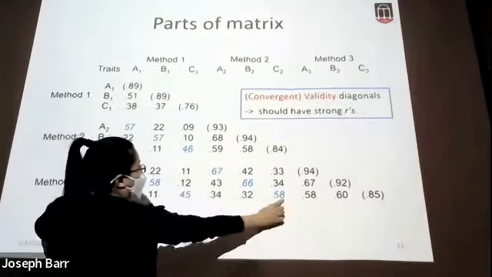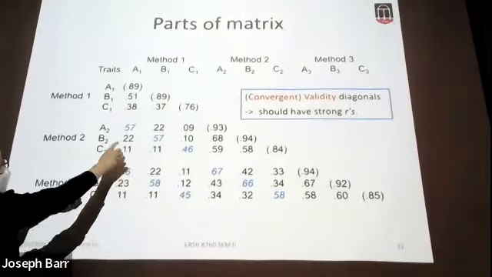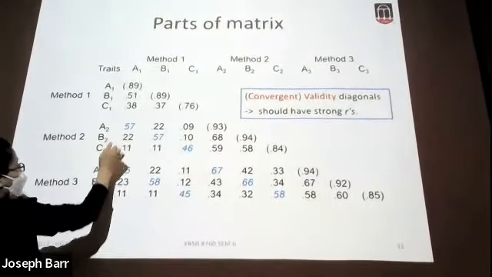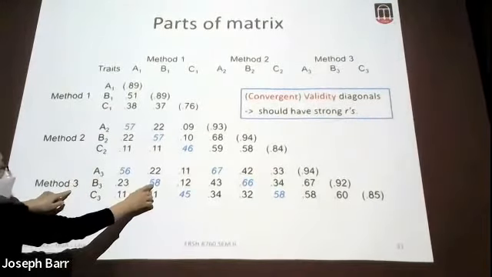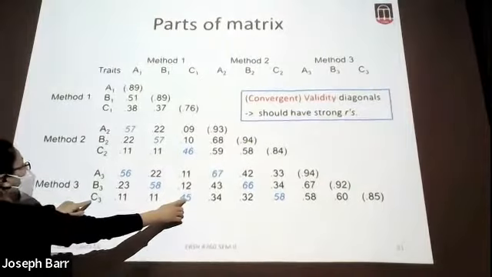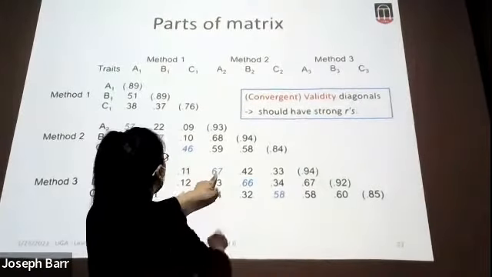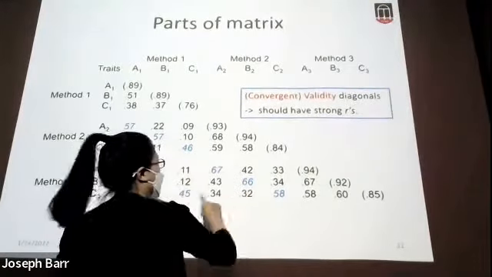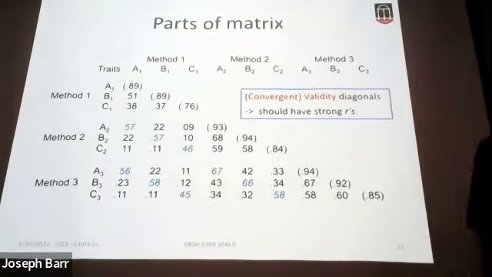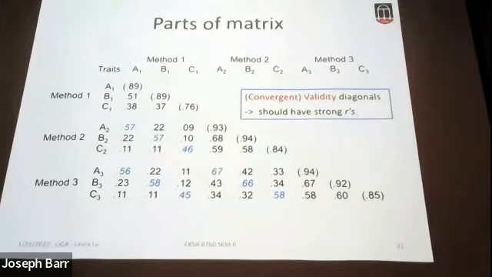And we also have these three numbers: the correlation of trait A by method 1 and method 3, trait B, trait C, method 1, method 3. This is the correlation between method 2 and 3 for each trait. These are convergent validity diagonals.